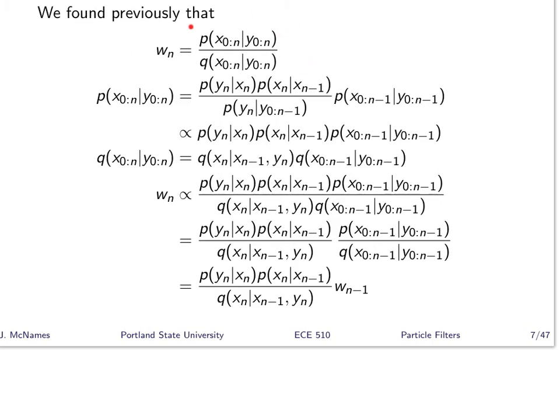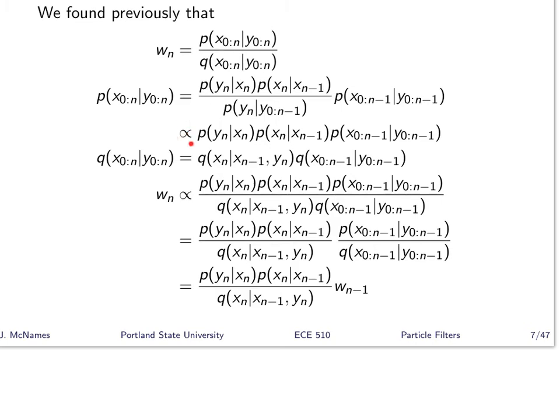So this is the same as what we had on the previous slide. It's the same as what we had from Monte Carlo integration, except now, rather than this being p of x, it's the posterior that we're actually interested in. And our importance density can be expressed in the same form, but it's something that we pick. We know that our posterior, from the optimal Bayesian equations, is the likelihood times the prior times the previous posterior divided by this normalizing constant.